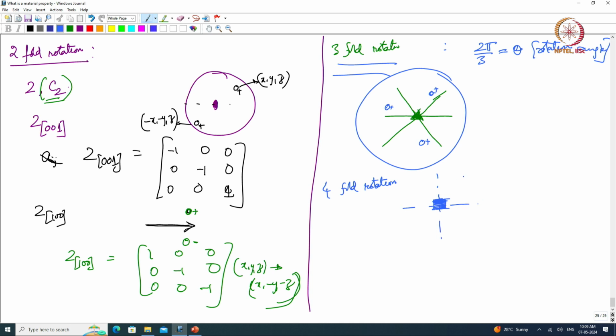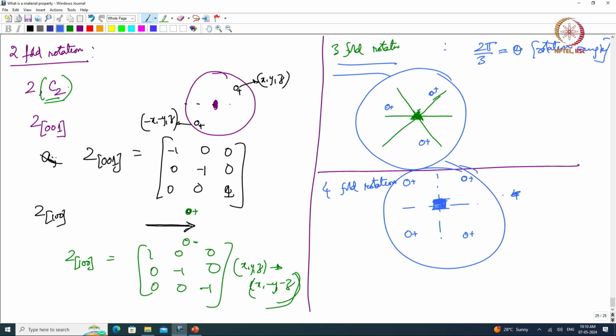If I have an object which is here and this object is pointing up, so I have a 90 degree rotation, right. So, that comes here, and then the same object should also exist here, and the same object should also exist here, right. So, this is the four-fold rotation, a stereogram for four-fold rotation.